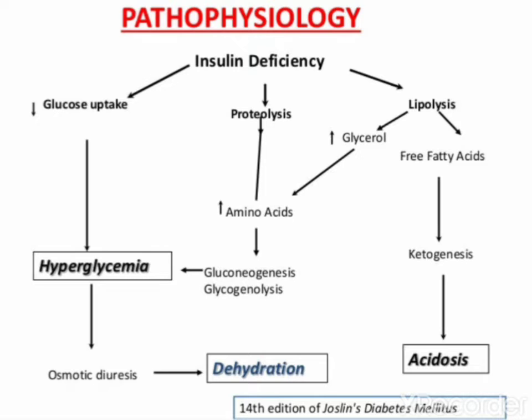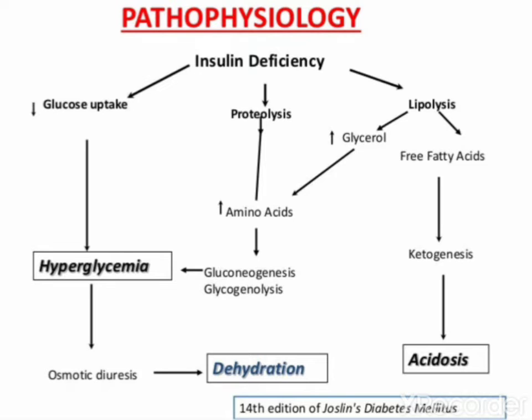Also, insulin deficiency can lead to proteolysis, that is breakdown of proteins. The proteins are ultimately broken down into amino acids, so there is increase in amino acid concentration in the body. Increased amino acid concentration ultimately leads to gluconeogenesis and glycogenolysis, leading to formation of more glucose in the blood.